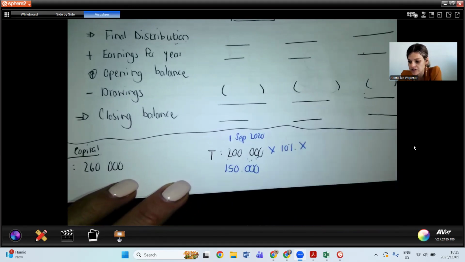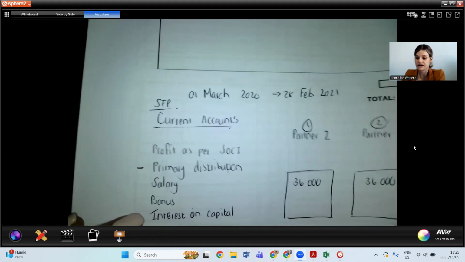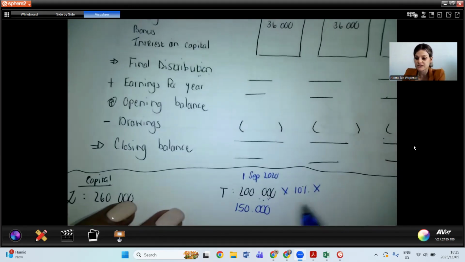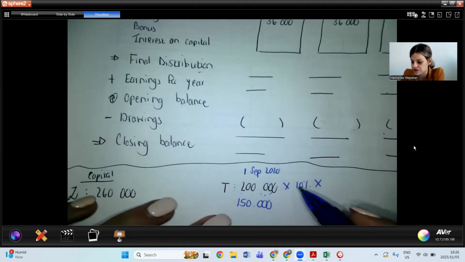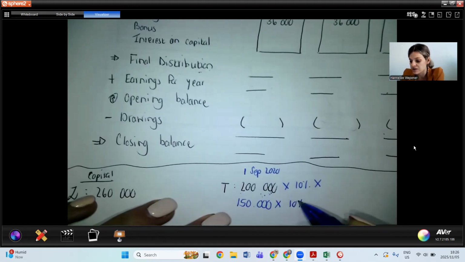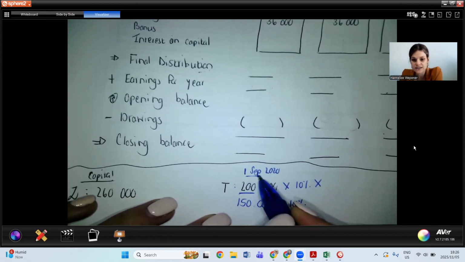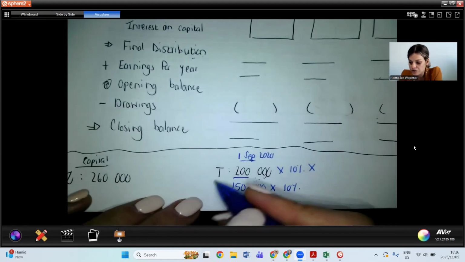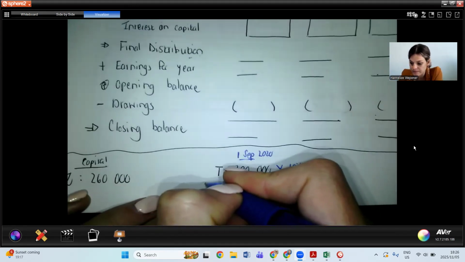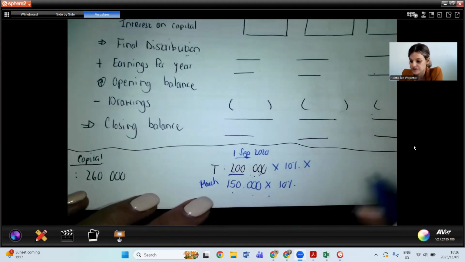He can only earn interest from the 1st of March, the first day of the financial year, up until the day that he increased that capital contribution. And then from there onwards, he can only earn on the 200,000 from the date that he increased it up until the financial year end. So he started off with the March amount here. He started with his 150.